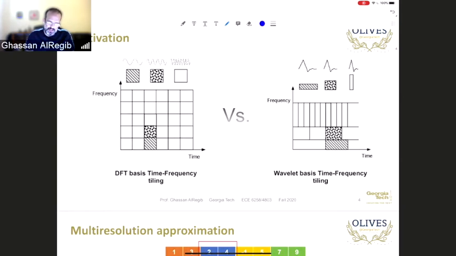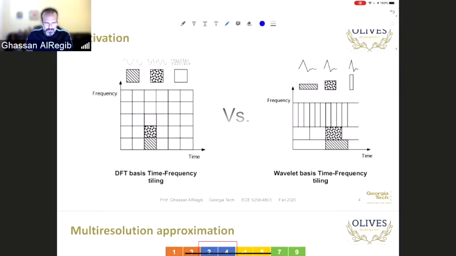And there are other ways, like directional transforms, such as curvelets and shearlets, where the tiling captures specific directionality features in the images. I'll see if I can have some demo at least, maybe next week, but we're not going to get into the details of those.